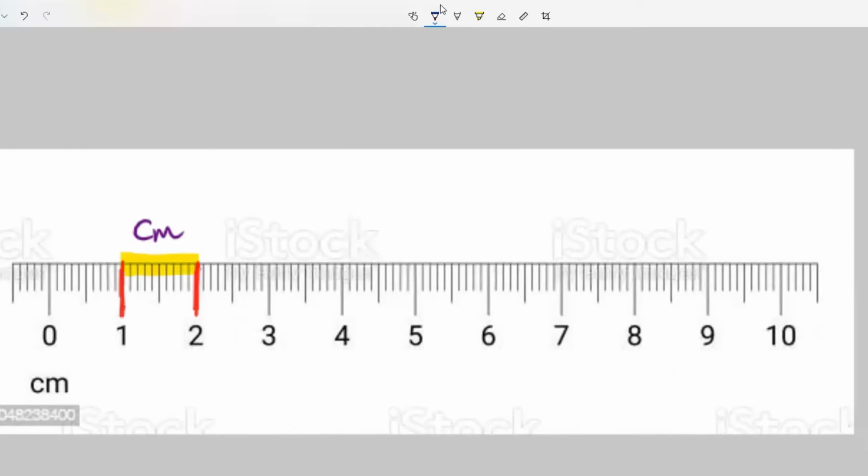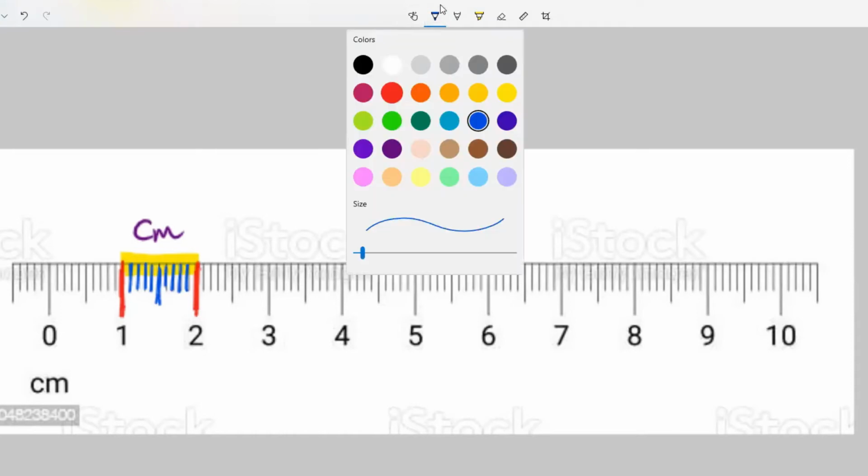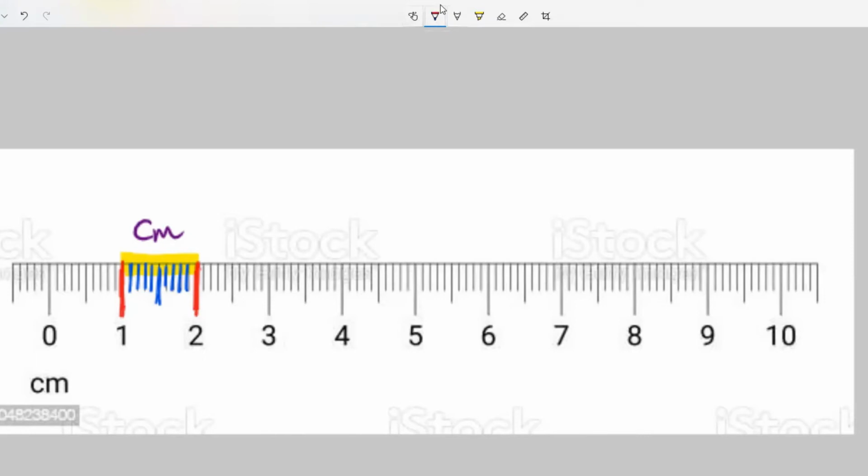And we all know that the small dashes between the two numbers represent a smaller unit, smaller than a centimeter. So it represents millimeter.